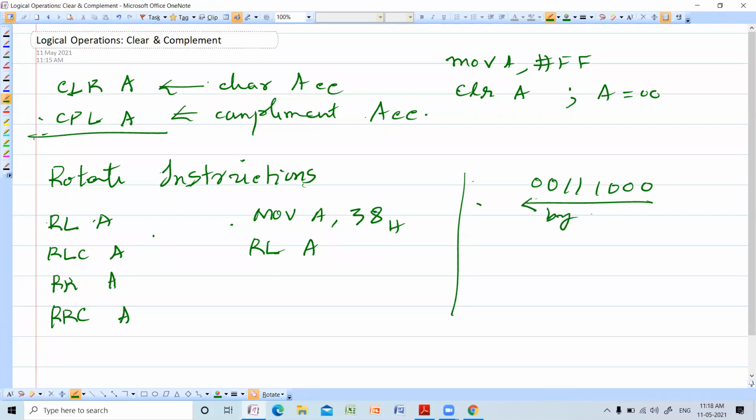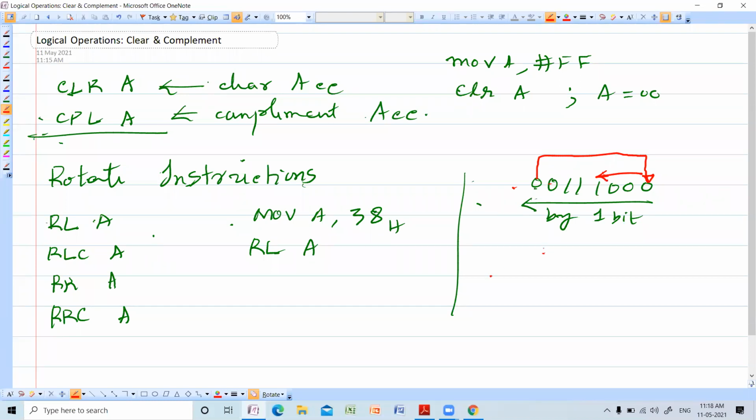It simply rotates, that's all. Whatever is there in the MSB will come to the LSB. From there, it shifts left.